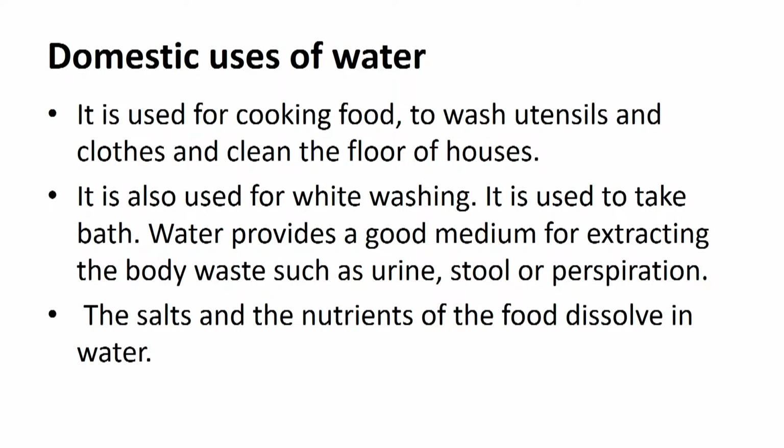Water provides a good medium for removing body waste, such as urine, stool, and perspiration. The salts and nutrients of the food dissolve in water. Therefore, these nutrients are easily absorbed by our body. So, water helps in assimilation of many nutrients present in food. Please recall the role of water as a universal solvent, which we have discussed previously.